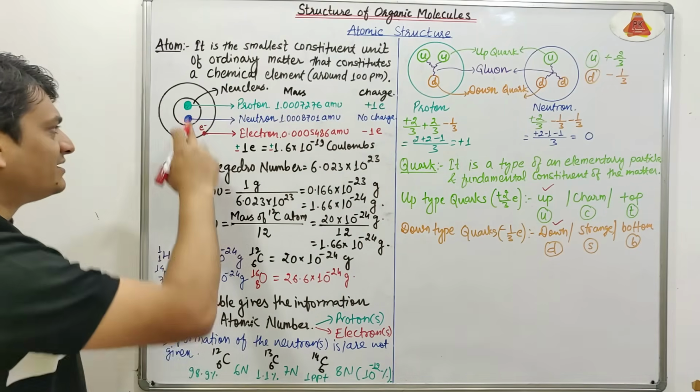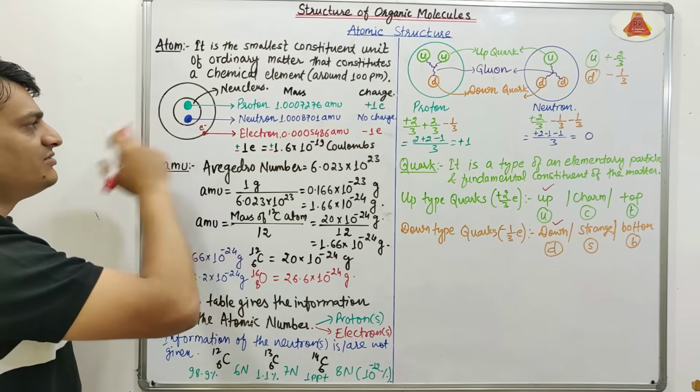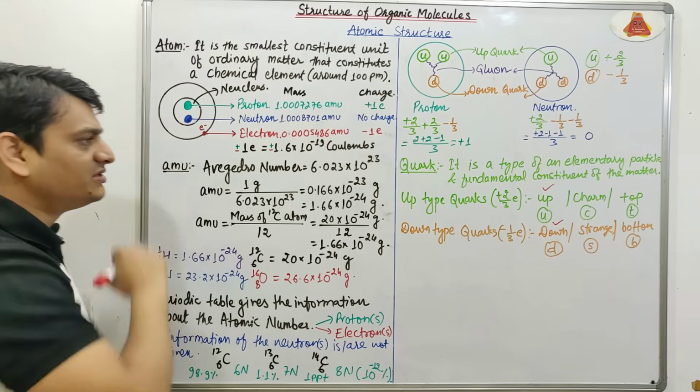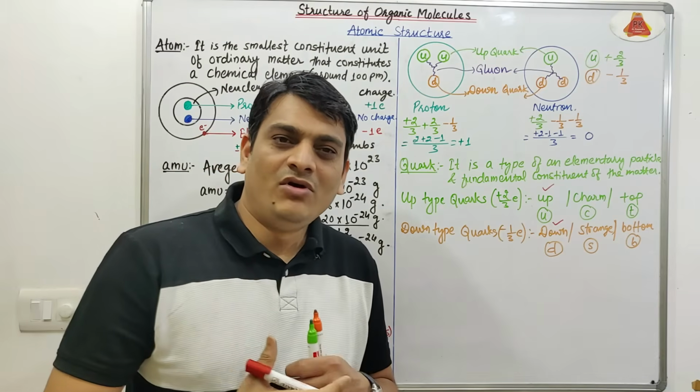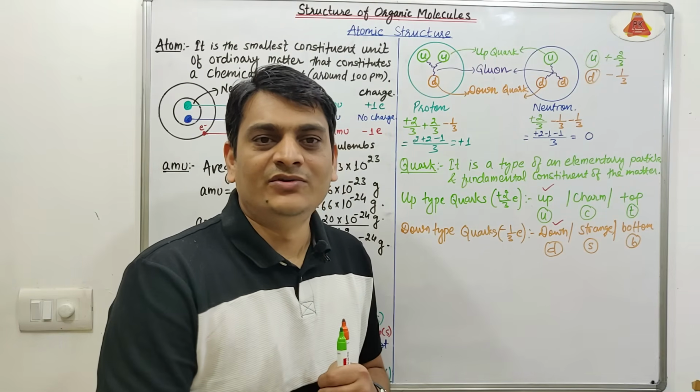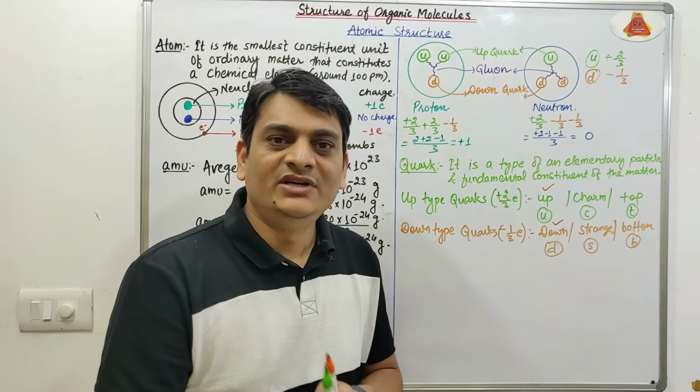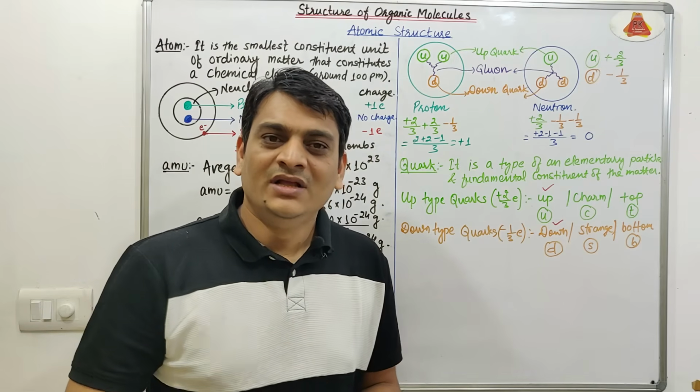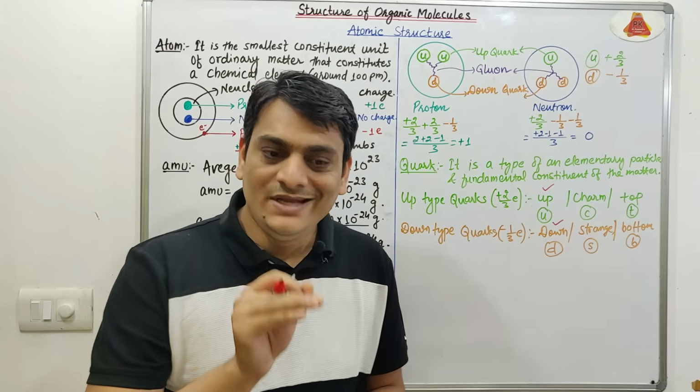Now coming to the details of the nucleus. In the nucleus you can see that protons and neutrons are present. Sometimes a proton may be converted into a neutron, or a neutron into a proton. That process is known as decay.